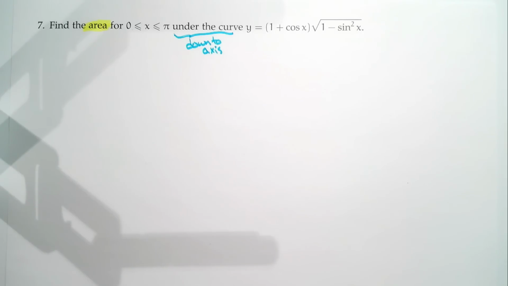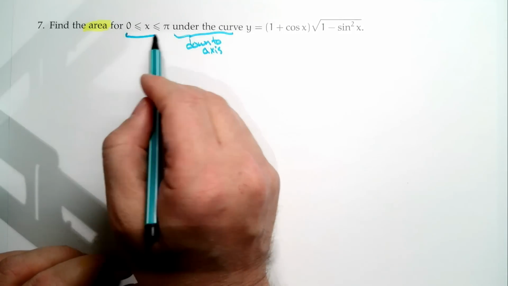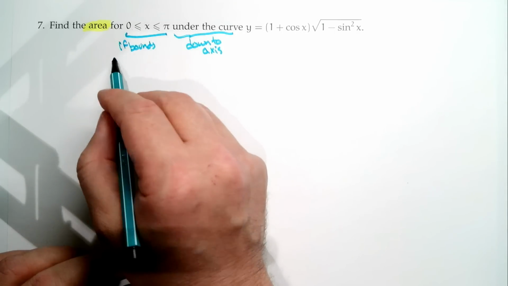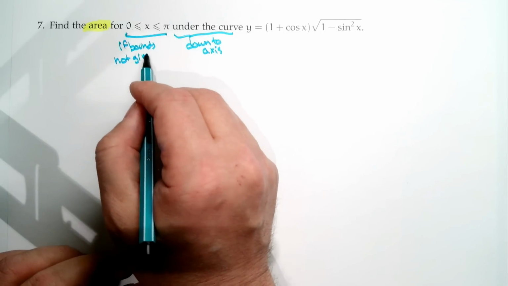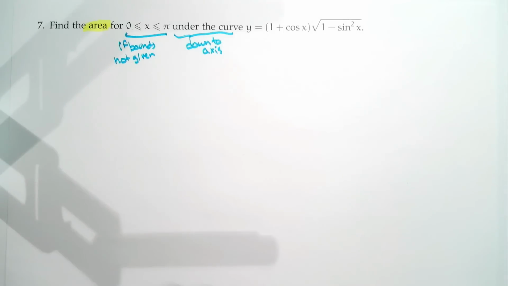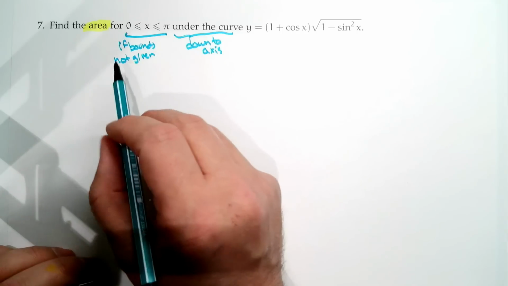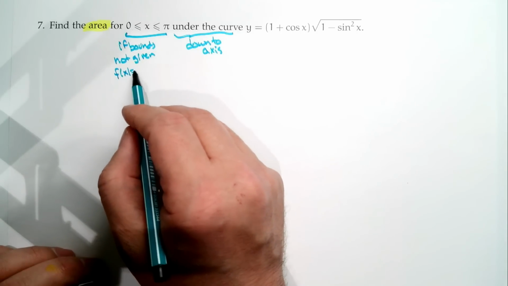Now, if they hadn't given the bounds, that doesn't mean we can't do it. We can find the bounds. So if the bounds are not given, how do you find the bounds? Well, this is not really relevant to this problem, but I just want you to make sure that you can handle anything we throw at you. So if it's just a single function, you say when would the function hit 0?